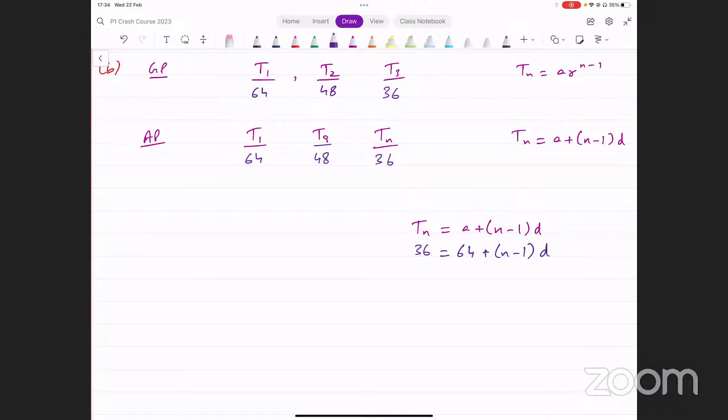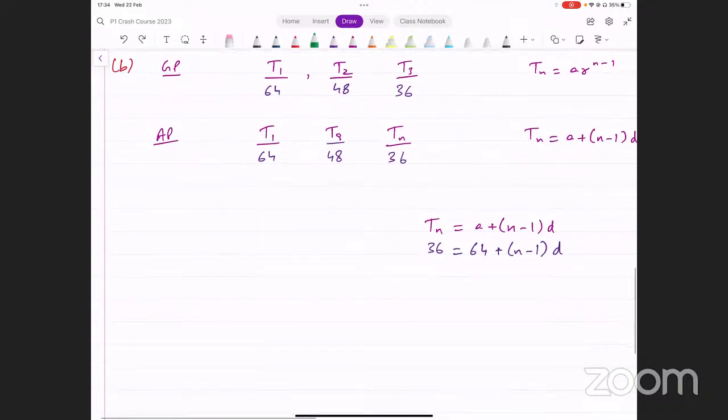But can we figure out the difference? We could use the first two terms, and that is going to give us the difference. No, in fact, it's not the first two terms. It's the first term and the ninth term. Now we know the first term and the ninth term. We can use the term formula here to find the value of the difference. How does that work? Again, we use the same formula here. Tn equals A plus n minus 1 times the difference. Find the ninth term from this formula.